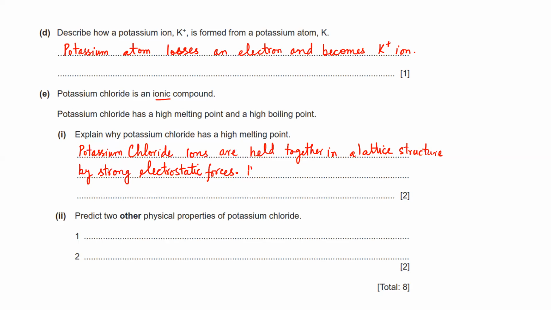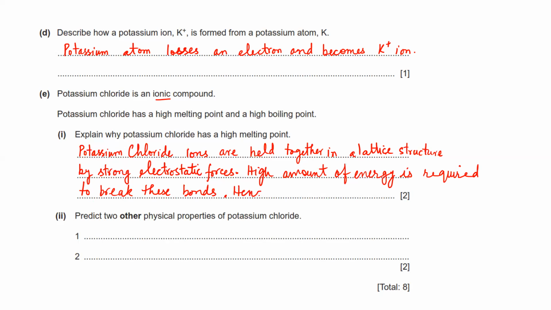So a high amount of energy is required to break these bonds. Hence, high melting point. Okay. Then it says predict two physical properties of potassium chloride.